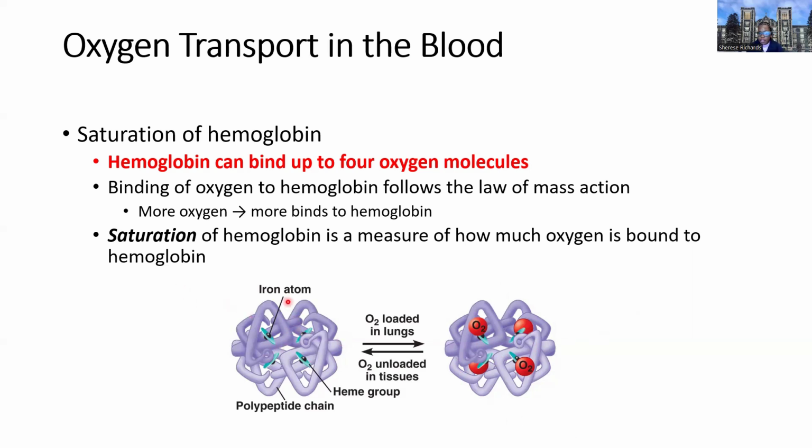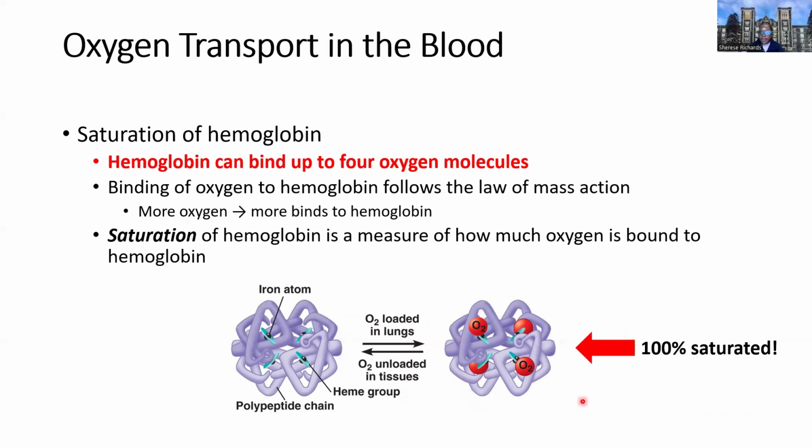If we have more oxygen available and less saturated hemoglobin, we drive the equation towards the loading of oxygen, which happens in the lungs. In the tissues, we have less oxygen, which drives our equation to the left towards the unloading, or the offloading, or the delivering of oxygen towards that tissue.